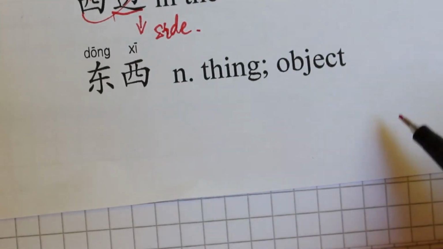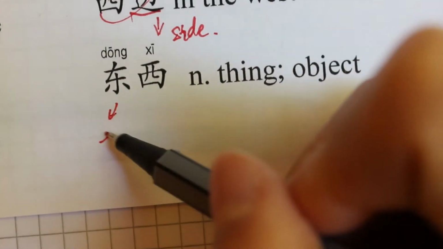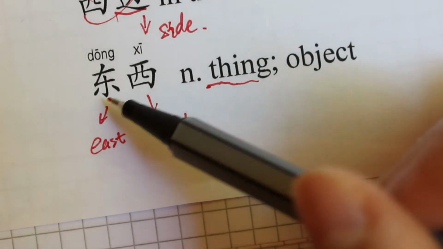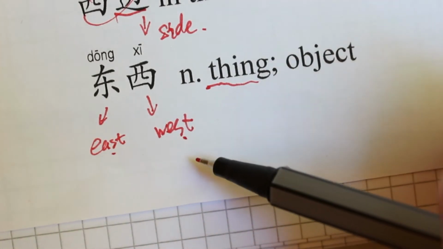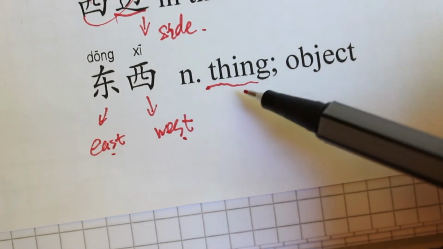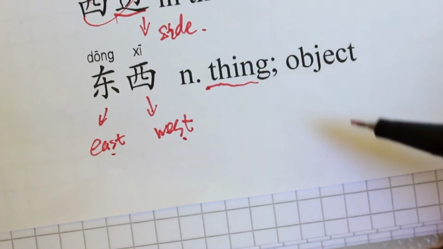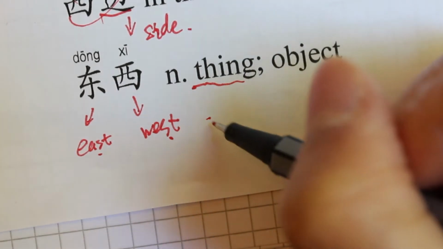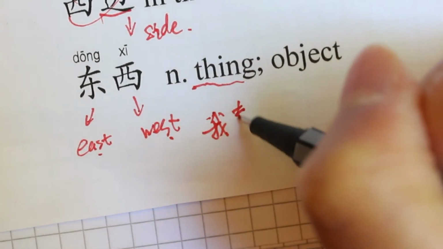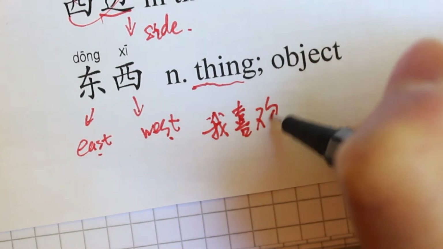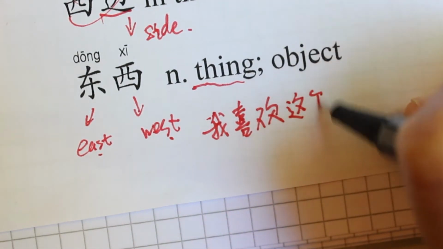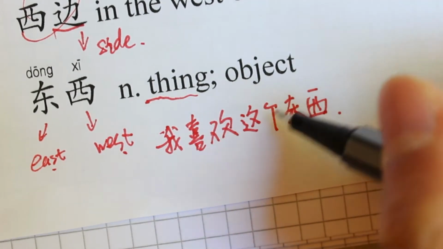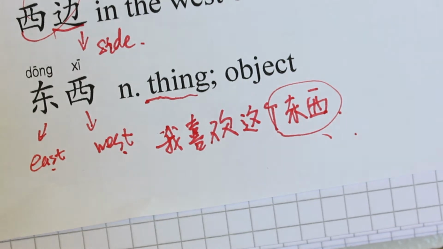The next, 东西. Actually, 东 is the east, 西 is the west. But when you put east and west together, it is a noun in Chinese. It means the thing and the object. You can say, I like this thing. 我喜欢这个东西。So here 东西 means the object and the thing.